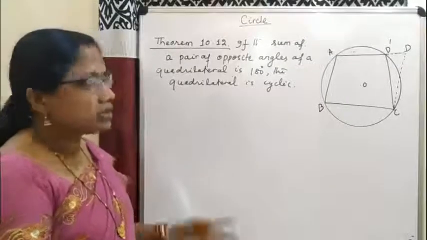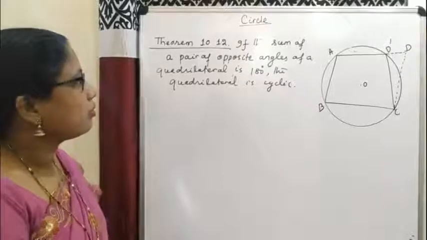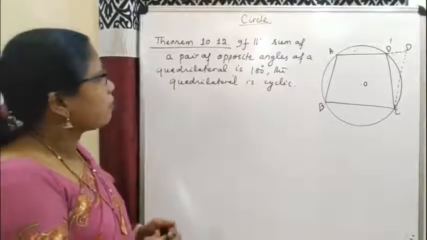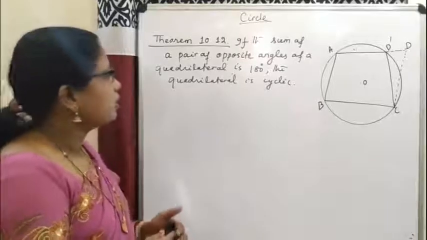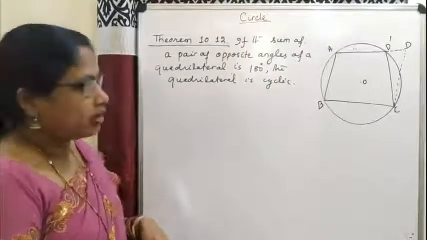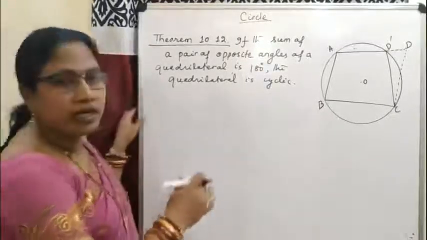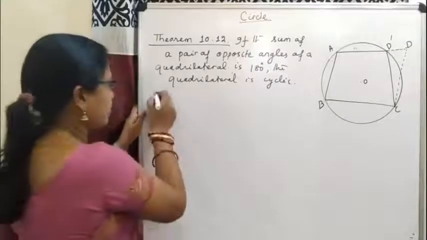Next theorem, this is the converse of our previous theorem. If the sum of a pair of opposite angles of a quadrilateral is 180 degree, the quadrilateral is cyclic. So here ABCD is our quadrilateral.